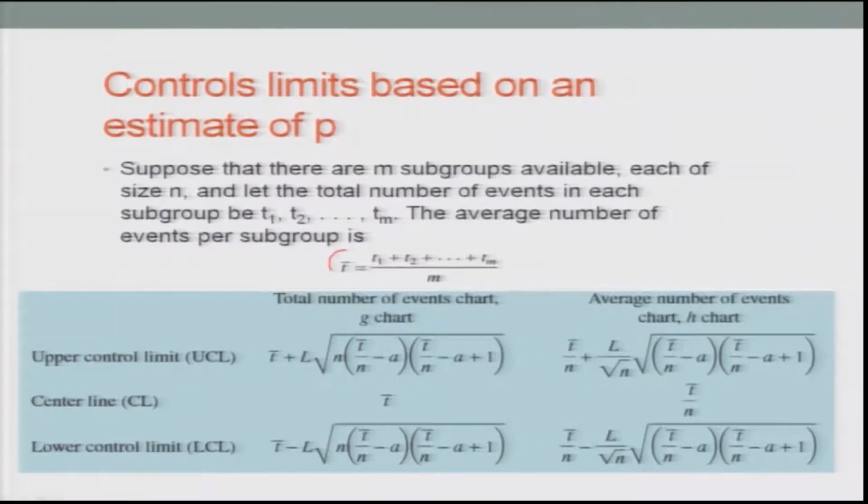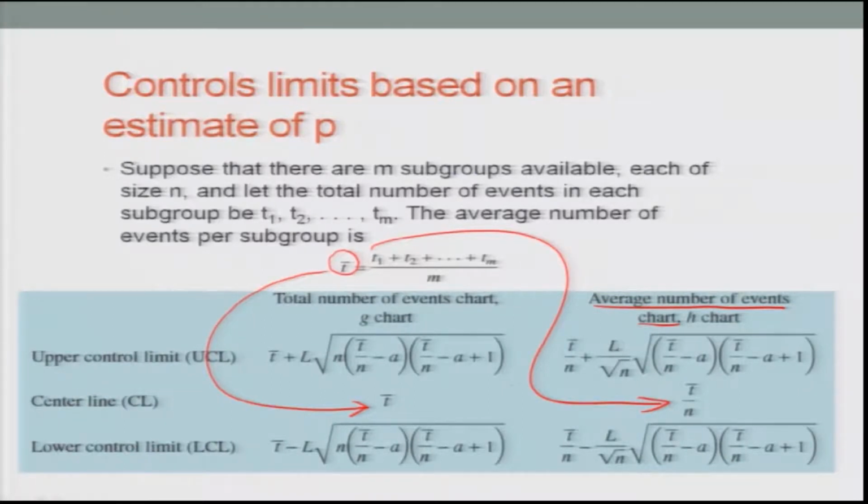This average comes as the central line in this case, and in this case it gets divided by n, because I am talking about the average number of events chart. Technically in the other example also it was divided by n.